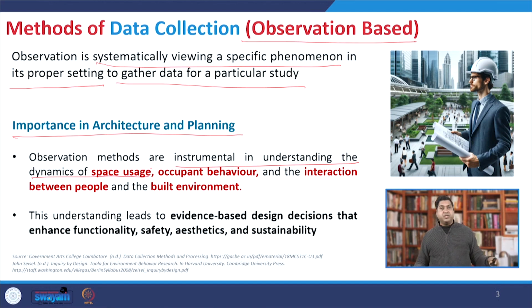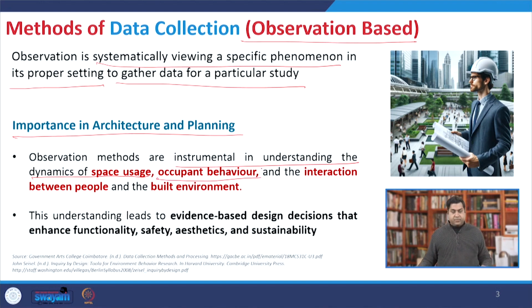As I already mentioned, you can observe how people move in a shopping mall, what functions they follow, what activities they are doing, and their relationship with the space, whether they require a huge amount of space for certain activity, or where they need a certain kind of transitional space and do not need that huge space. For those kinds of space optimization, as a designer you can also take those observation surveys.